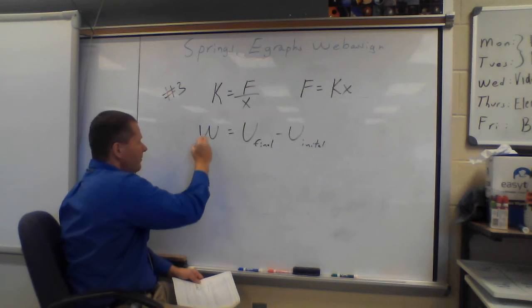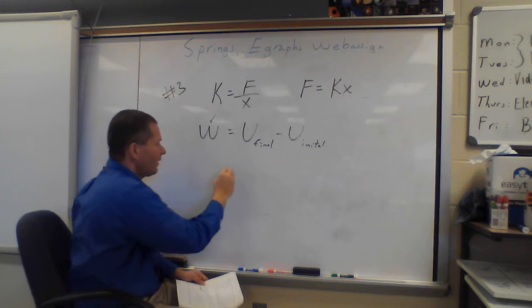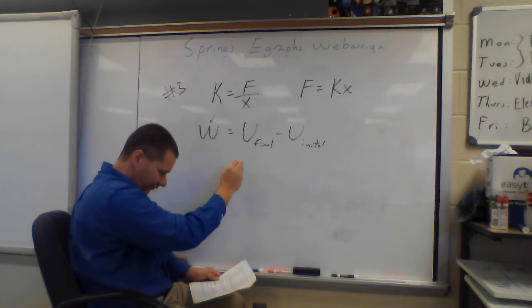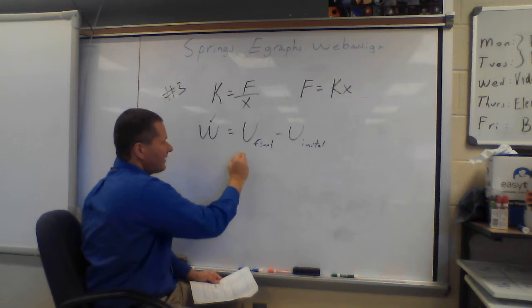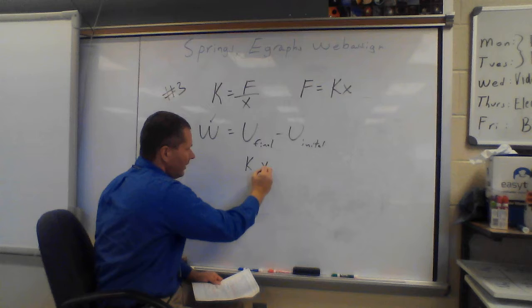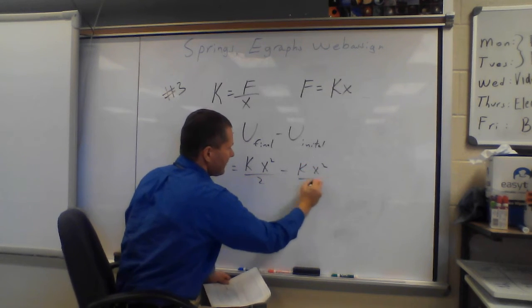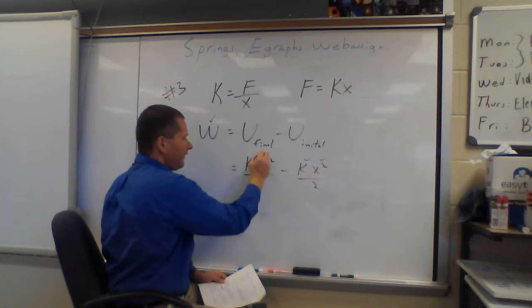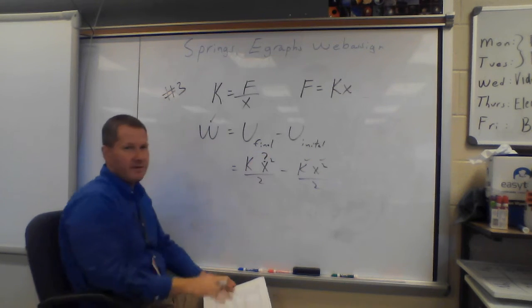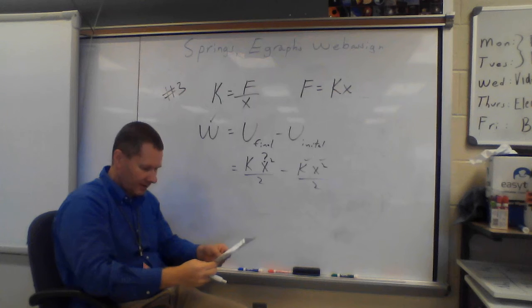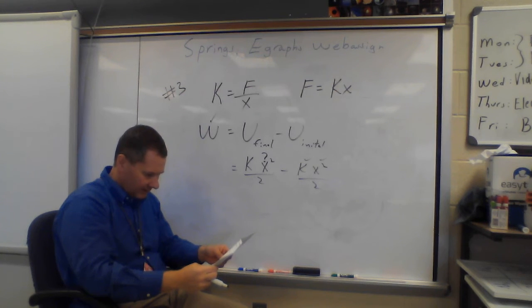They give us a number here. I'm just going to put a check mark there. We can put in numbers for both of these, except we don't have this final position, this x right here. I think that's the right one. It might not be.